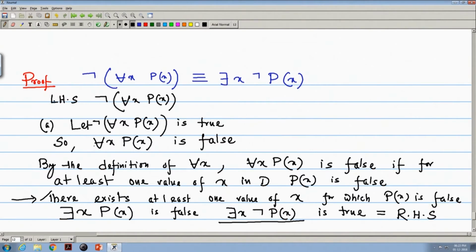So, what we have considered is that if the negation of for all x p x is true, then we see that there exists x negation p x is true, which is this De Morgan's law. Now, another part is that we have to consider if it is false.